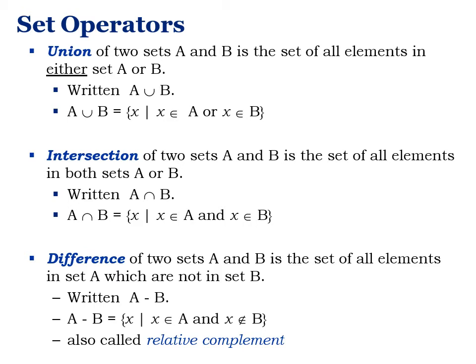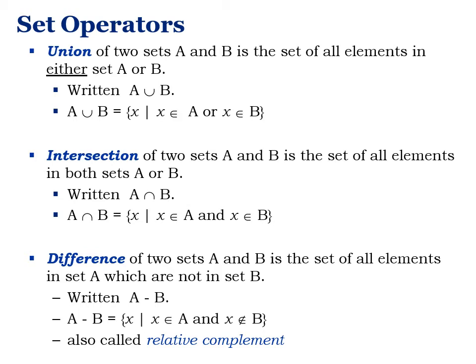The union of two sets A and B is the set of all elements in either set A or B. It is indicated by this one: x is an element of A, or x is an element of B. Then intersection. The intersection of two sets A and B is the set of all elements in both sets A and B. This will be presented more, and I do hope that you are going to understand this more when we present an example later on.